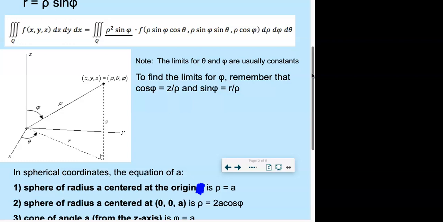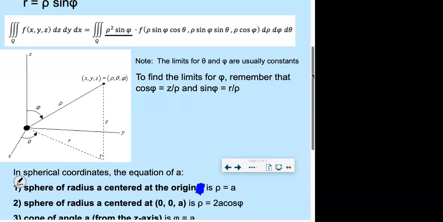In spherical coordinates, rho is the distance from the origin to the point you're talking about. It's like a radius always from the origin, but it can go up or down, anywhere. Theta is still theta, but phi is the angle with the positive z axis.